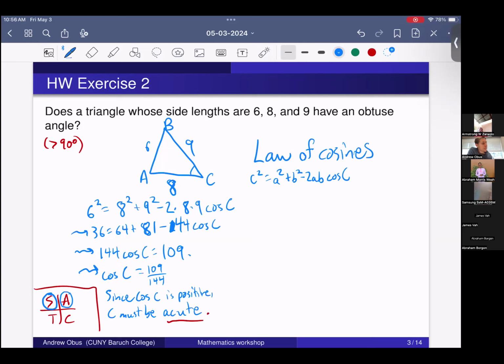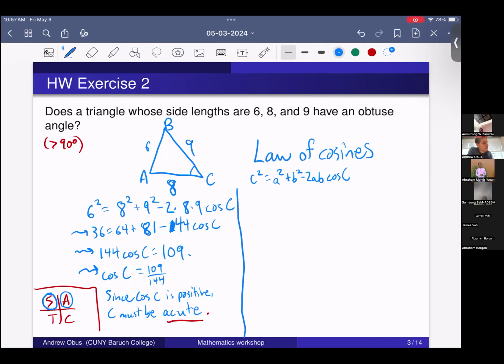So what we see from this is that at least angle C is not obtuse, right? We can use the law of cosines to figure out its cosine, and then we don't even really need to do the calculation. We just need to know whether the cosine is positive or negative. And whether the cosine is positive or negative, that's going to distinguish the acute angles from the obtuse angles. Okay?